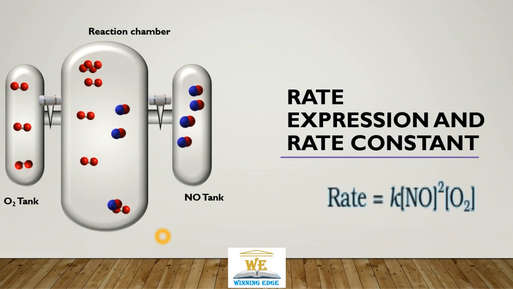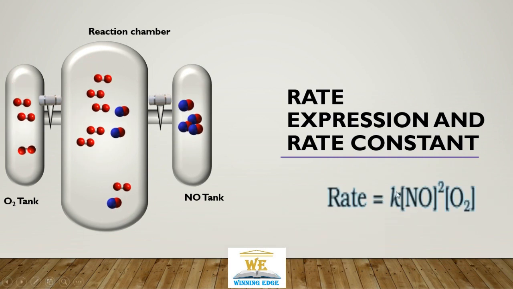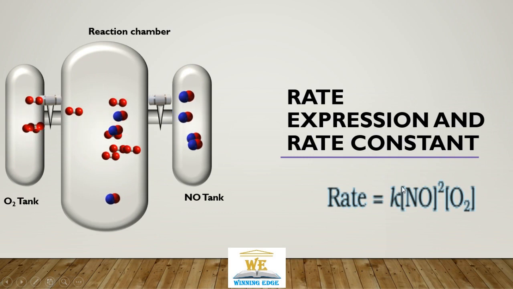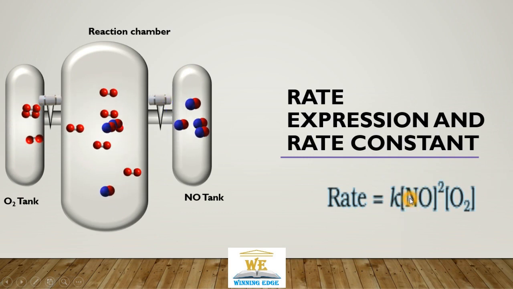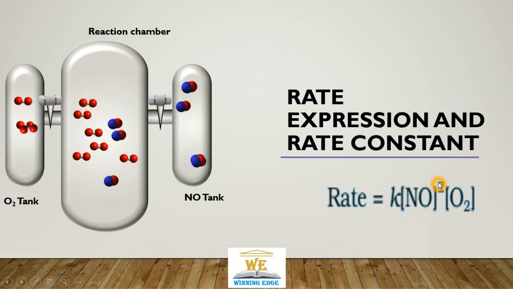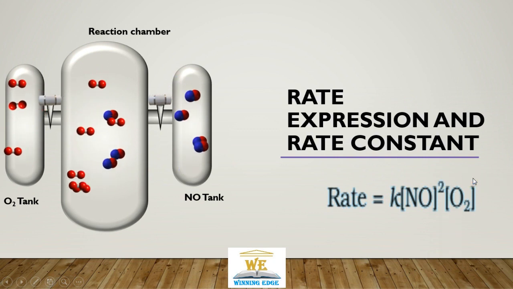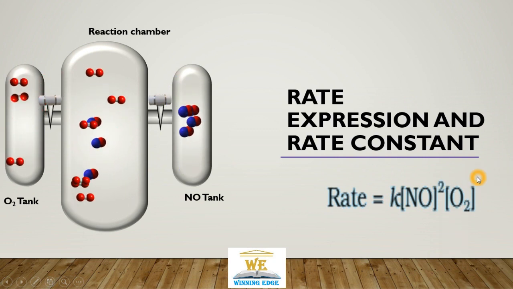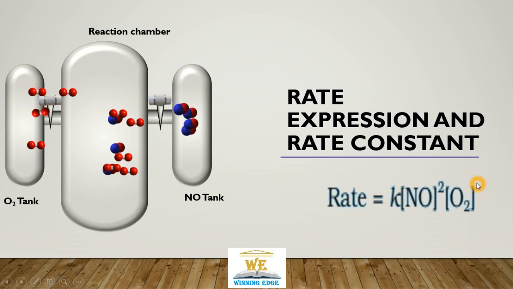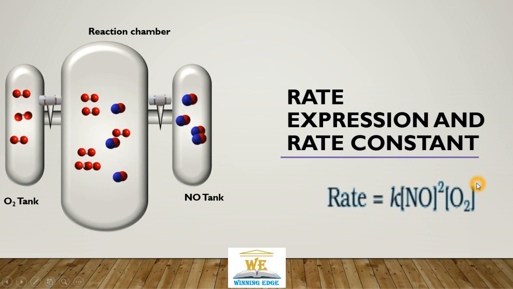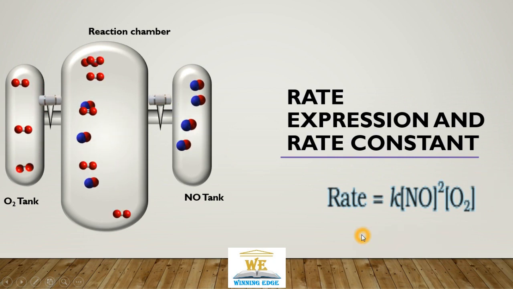So the rate law expression will be the reaction rate constant, as we know, and the concentration of nitric oxide raised to power 2, oxygen raised to power 1, because it's only doubled, so it depends on 1, and the order of reaction will be 2 plus 1, 3.